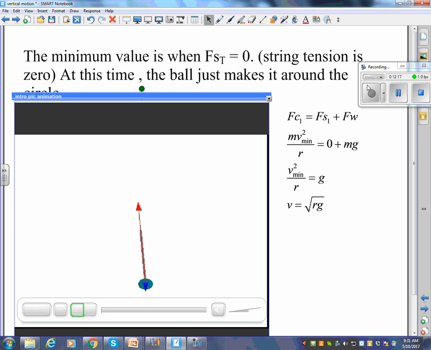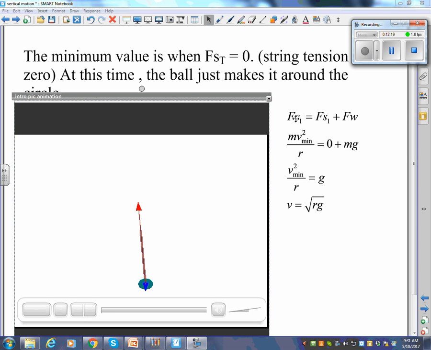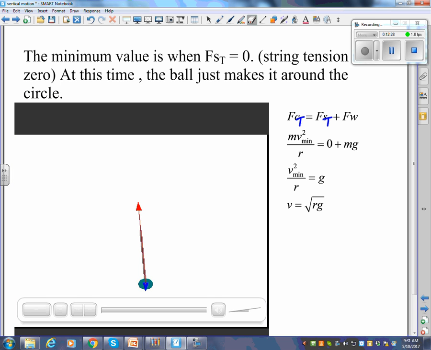Anyways. So, at the top, and I got to fix this. I think I said it last year, right? FC at the top is equal to the FS string tension at the top. Just replace those ones with T's. Right? Centripetal force at the top is the string tension at the top plus the weight force. But at this critical velocity, that string tension is 0.